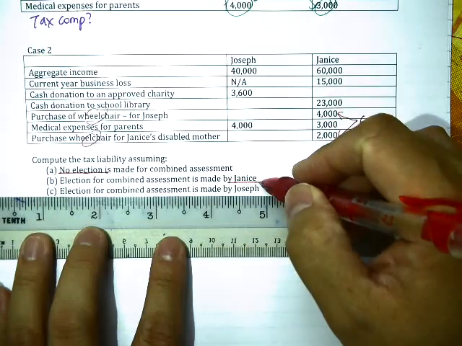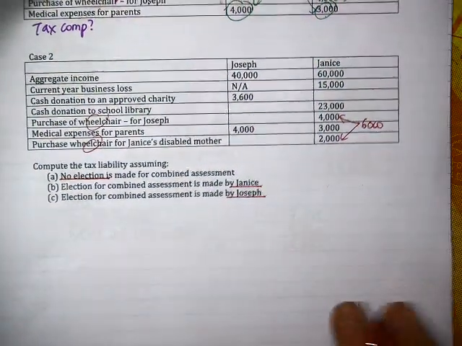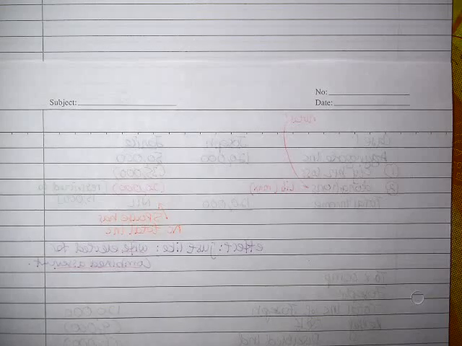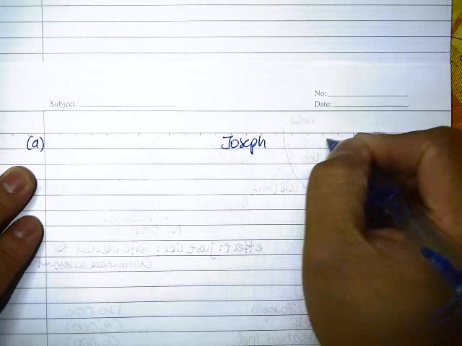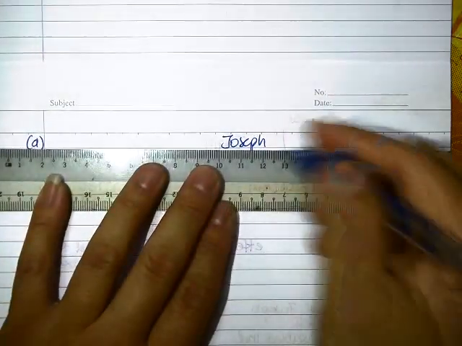Right, you notice that now I'm telling you Joseph has an aggregate income of 40,000. Joseph made 3,006 donations to approved charity. And the medical expenses for parents, same thing. Now Janice, same thing. I have inflated her income to 60, and I've reduced the current year loss.